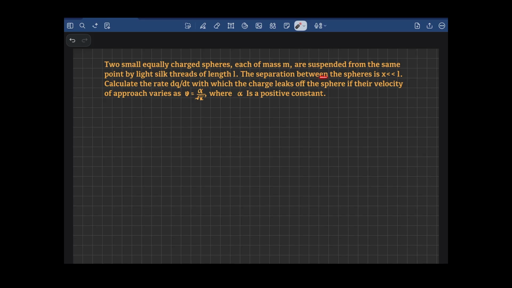Now the separation between the spheres is x, which is very very small than the length L. It is asking to find the rate of charge dq by dt with which the charge leaks off the spheres if their velocity of approach varies as v is alpha by root x, where alpha is a positive constant and x is varying here. See, as the charge leaks off, both the spheres come closer and their relative velocity of approach is given to us. So to solve the problem here, let's first draw the diagram.